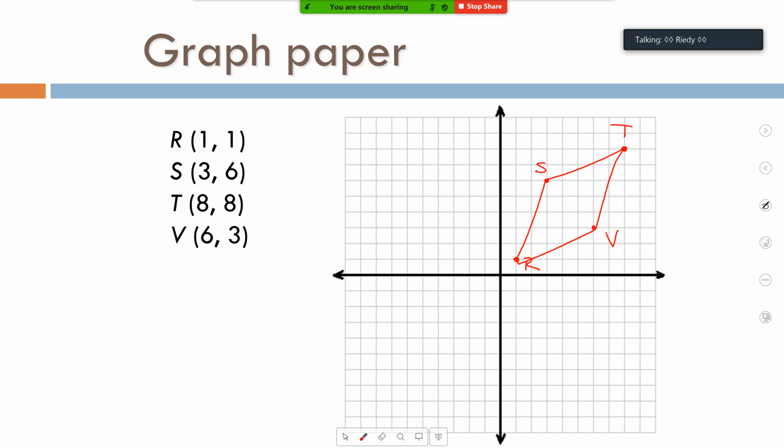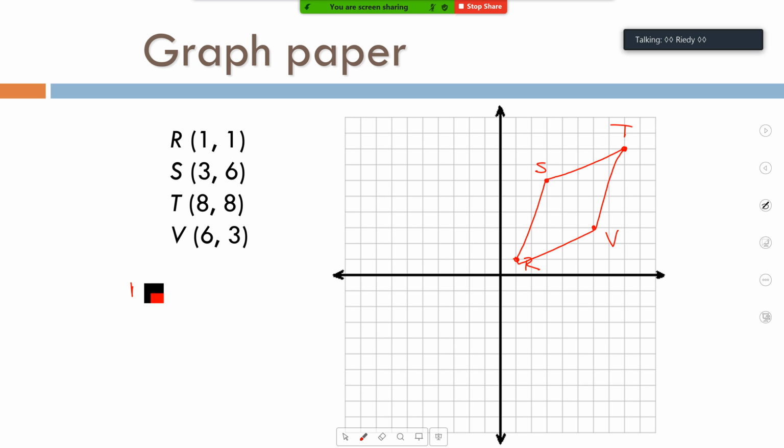How do I know if RS and VT are parallel? You can find the equation for the line, or the slope has to match. Yeah, slope matches. Things are parallel on a coordinate plane if they have the same slope.